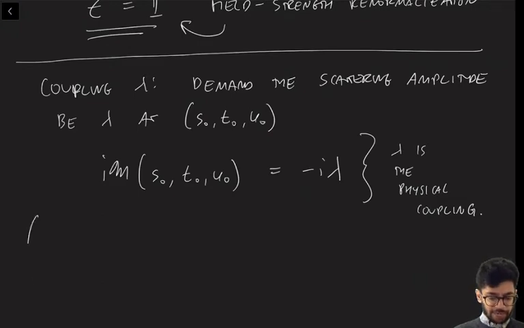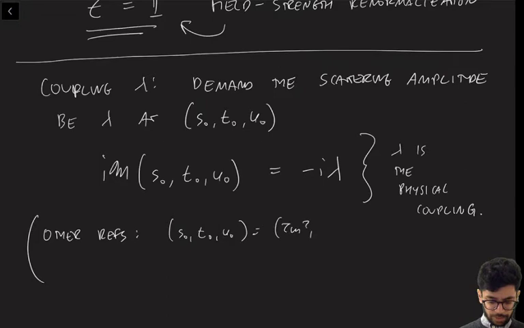Now, this condition clearly depends on the choice of s0, t0, u0. So in other references, they often make a particular choice for s0, t0, and u0. For example, it's conventional to say something like s0, t0, and u0 equals, say, 2m squared, 0, 0. Okay?